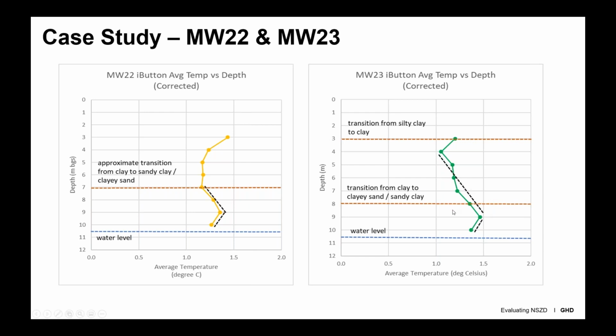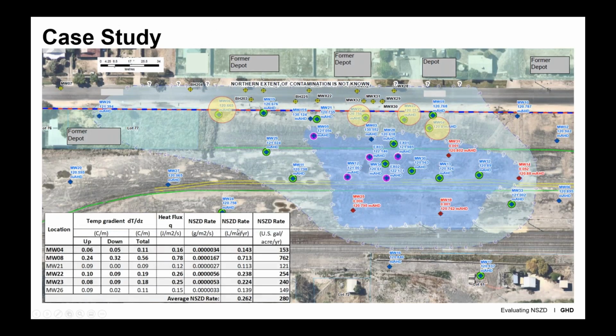And one thing to consider is that in this case, we're looking at the slope of the line, and the slope is the same whether we use this whole depth or whether we just use below this transition line into the sandy clay. So we're going to get the same results either way. So that's what we used for those. And so here's some results, and then just to show you sort of where these are located.